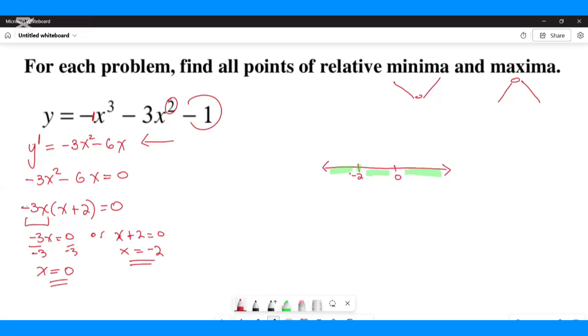Now, a number to the left of negative 2 could be negative 3. And then I could just use negative 1, and I could use 1 here. I'm going to use those numbers to test values of x, because we want to see what's going on to the left and to the right of our critical values.